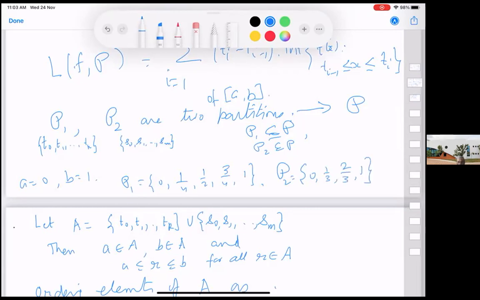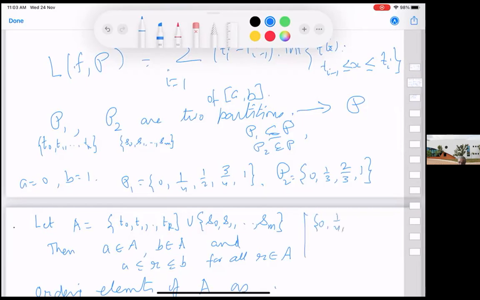So K is 4, M is 3, and this is P1, this is P2. Now P1 and P2 are not comparable. So now from this example, what we do is we simply add the points together and generate a new one.